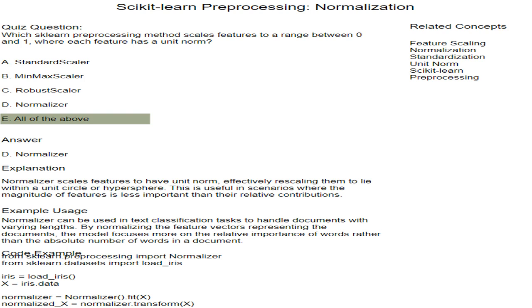Example data, iris dataset: sepal length, sepal width, petal length, petal width. 5.1, 3.5, 1.4, 0.2. 4.9, 3.0, 1.4, 0.2. 4.7, 3.2, 1.3, 0.2.